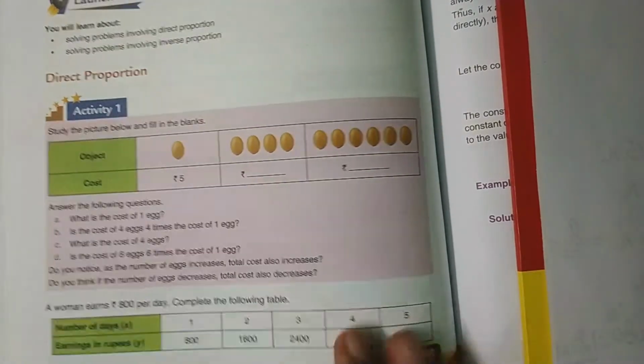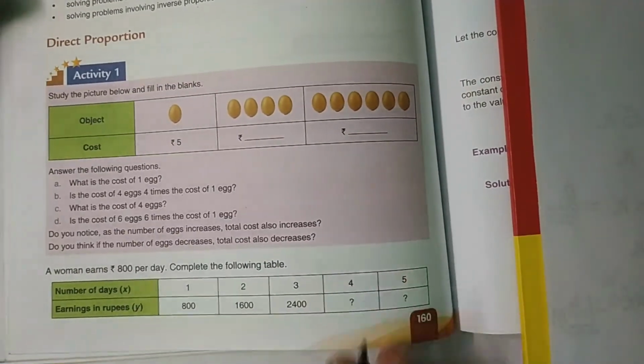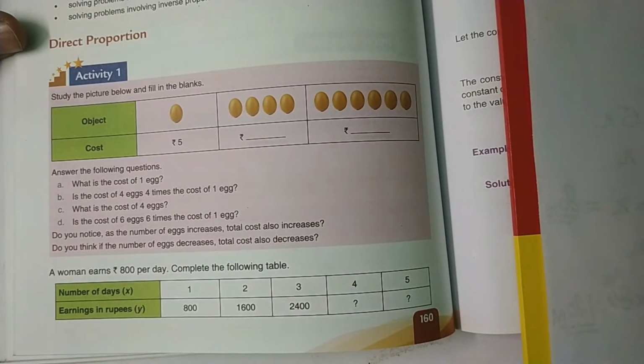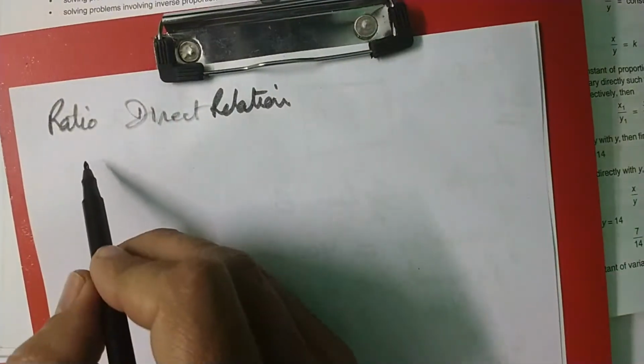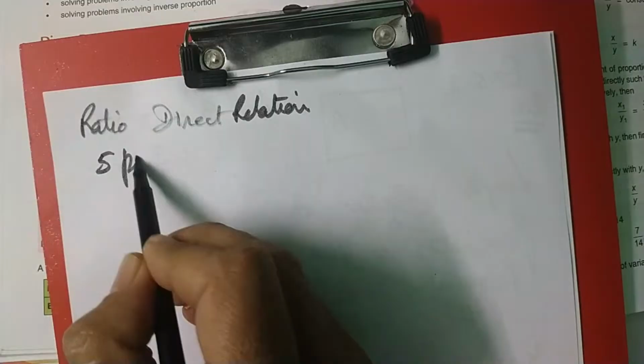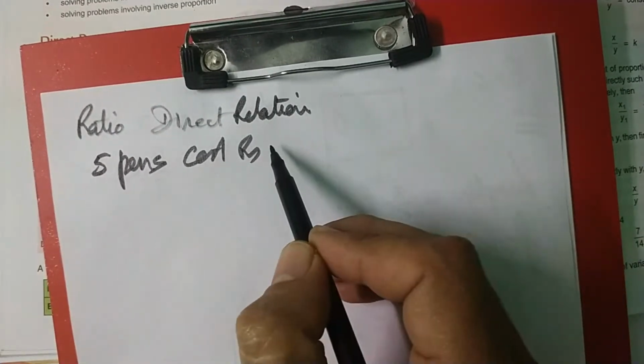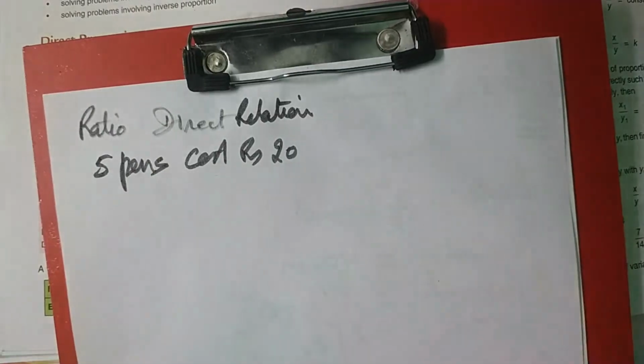Now you have seen that there are things which are used in our daily life. Let's see with an example. The example you have done in junior class: 5 pens cost 20 rupees.